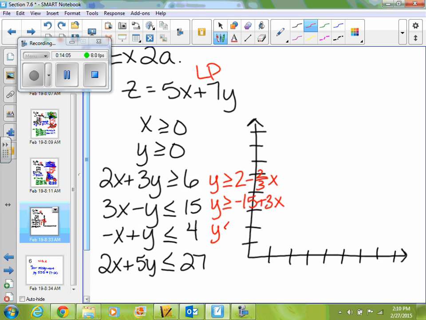If I solve this one for y, I get y is less than or equal to 4 plus x. And if I solve the last one for y, it is less than or equal to 27/5 minus 2/5 x.